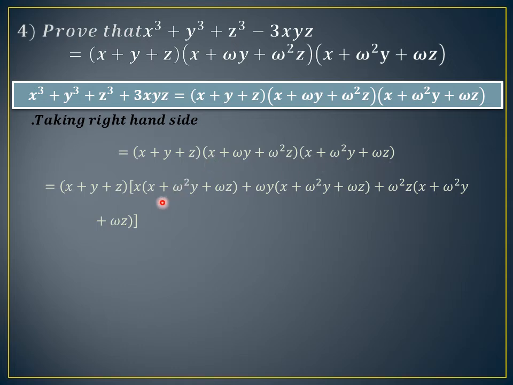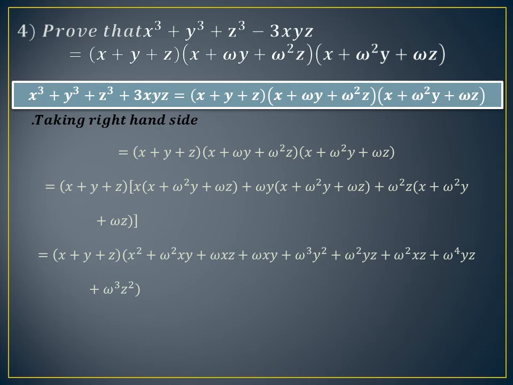So x is going to multiply with x plus omega square y plus omega z. Again, plus omega y is going to multiply with the full bracket, and in the last, omega square z is going to multiply with the full bracket. So multiplying the brackets, x into x will become x square, x into omega square y will become omega square xy, x into omega z will become omega xz.